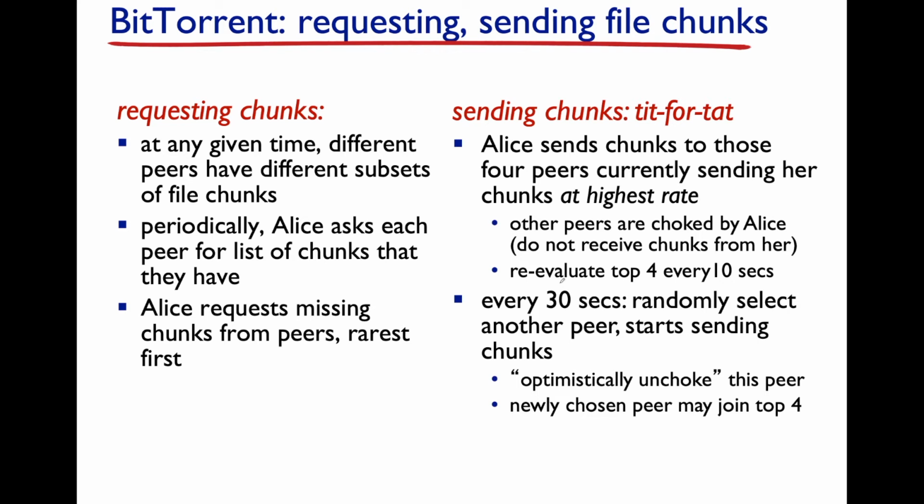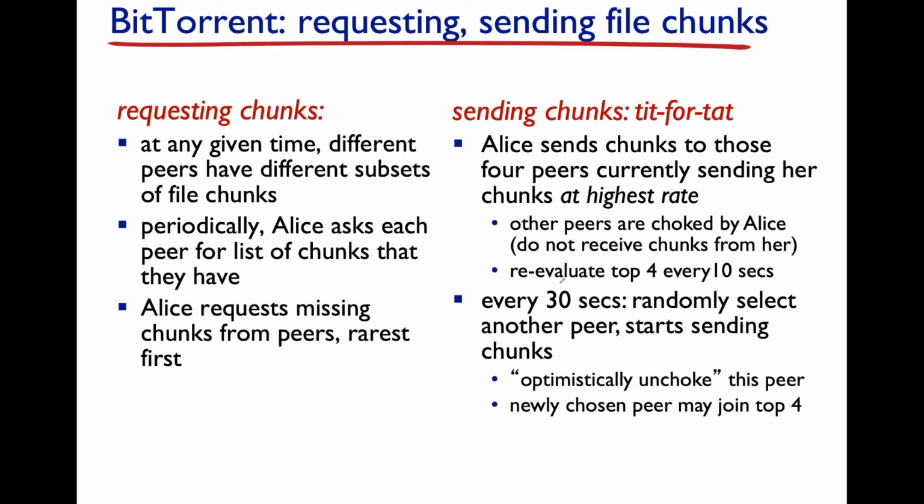Because you get a list of chunks from your peers, you know which chunks are in abundance, are on a lot of peers, or are very scarce, meaning only a small number of peers have that chunk. And so Alice engages in sending chunks, so-called tit-for-tat, and she sends chunks to those 4 peers that represent her best trading partners, those that are sending her chunks at the highest rate. So she says, okay, well, you're being beneficial to me, sending a lot of data to me at a high rate, chunks that I need, so I'm going to send chunks to you as well.